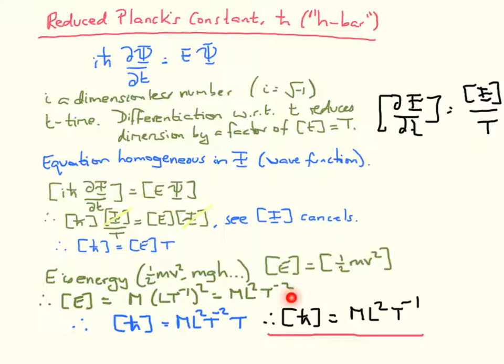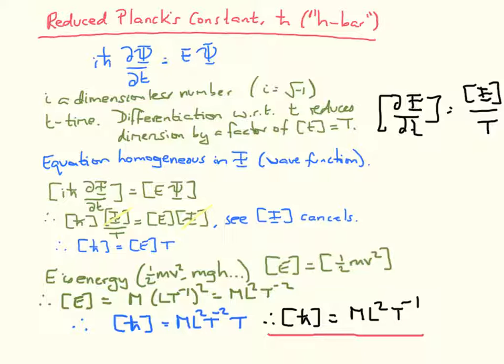So these are the dimensions of energy. We put that back into our equation for the dimensions of h bar, multiply it by t, so we have t to the minus 2 times t. They partly cancel, and we have m L squared t to the minus 1. And those are the dimensions of the reduced Planck's constant.